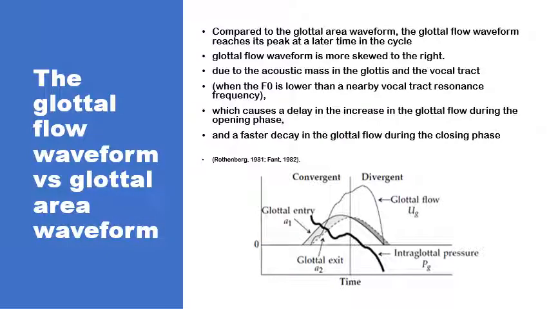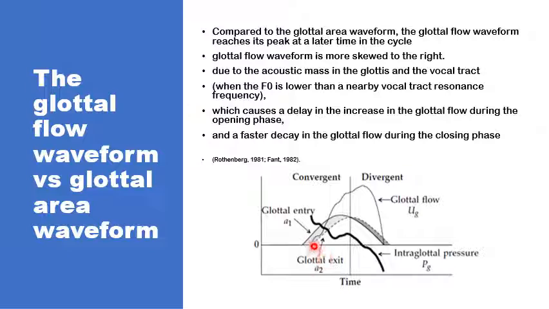This is a computer-generated diagram of modeling of the different factors that interplay during a vibratory cycle of the glottis, including the glottic area waveform, the glottic flow waveform, and the intraglottic pressure. The glottic area waveform would depend on the smaller of the two entities, the glottic entry or the glottic exit in the glottic canal.